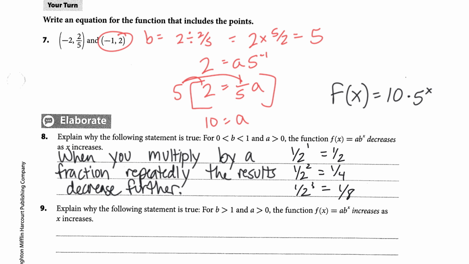And this works for other fractions as well. You can think about 1/3 to the first power is 1/3. 1/3 to the second power is 1/9, and so it decreases even faster.